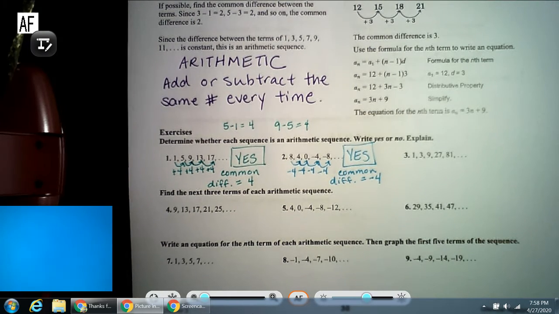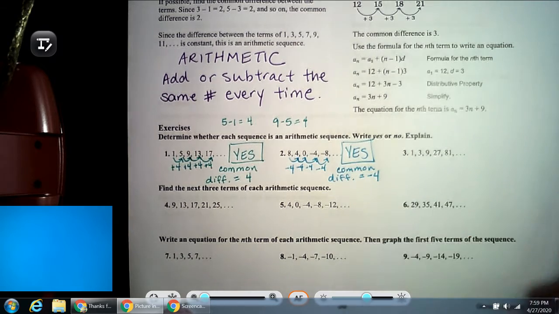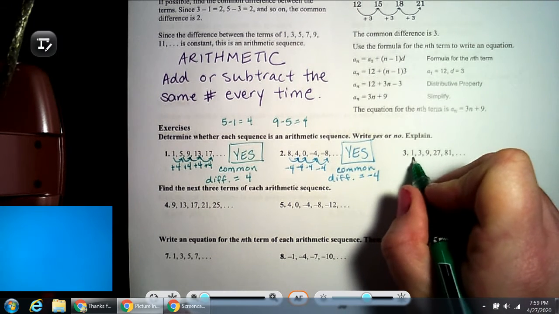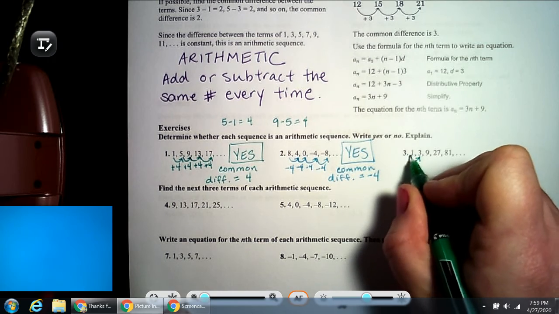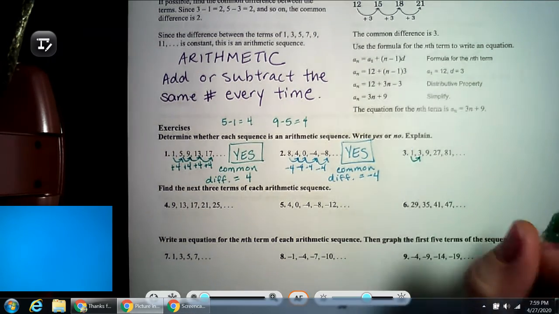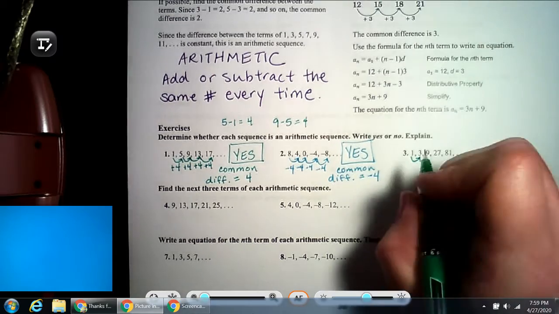Now, if we look at number 3, let's see if we can find a common sum or difference, or a common difference. Are we going to add the same number or subtract the same number to go from one number to the next? I can tell that I'm going to be adding something because I'm increasing, getting bigger. I'm going from 1 to 3, so I have to ask myself, what would I add to get to 3?